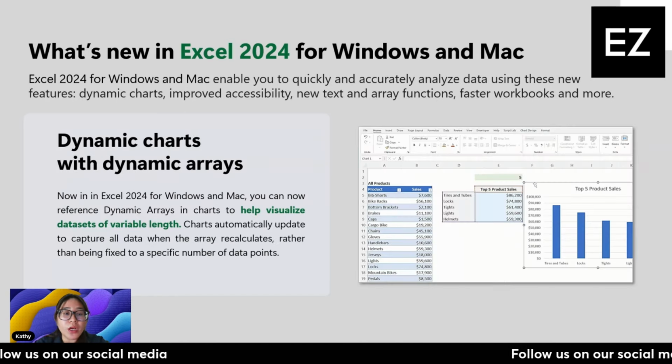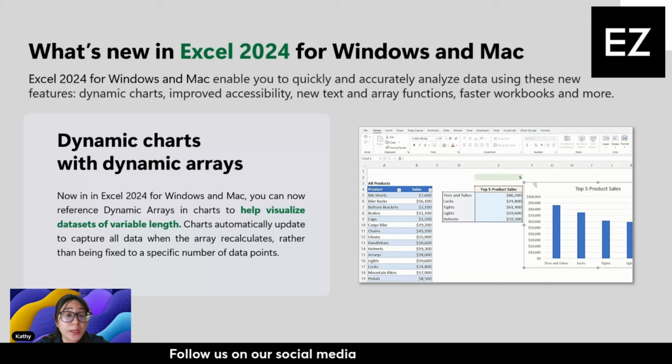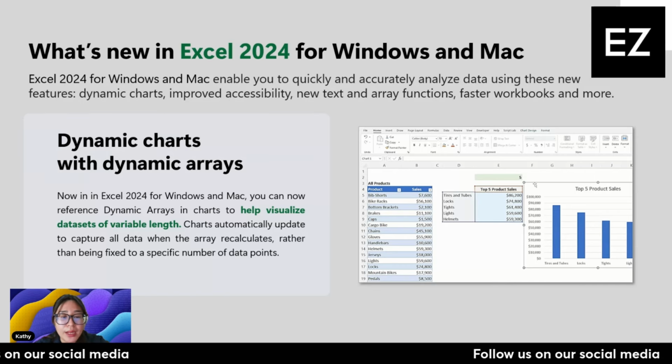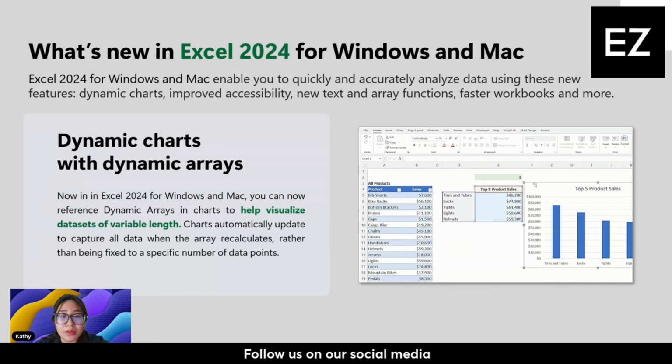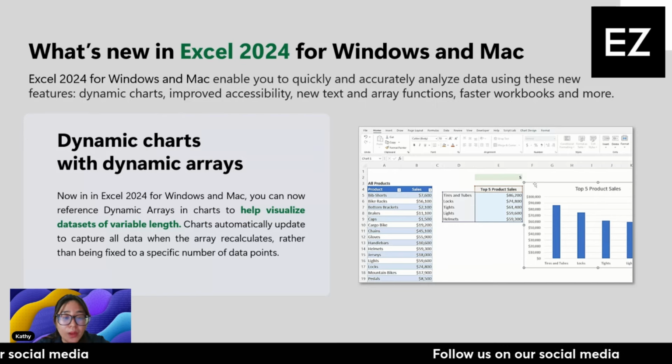Moving on to the dynamic charts. With the new Excel in 2024, you can now reference dynamic arrays in charts to help visualize data sets of variable length. All of these charts will automatically update to capture all of the data when it's recalculating.